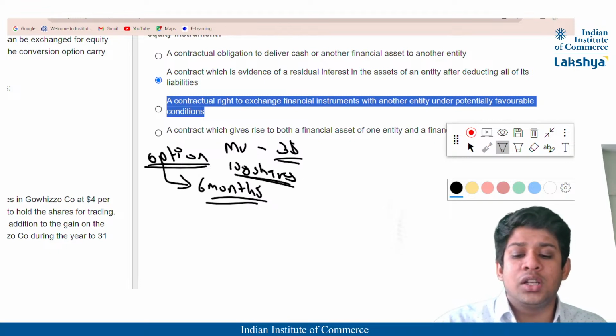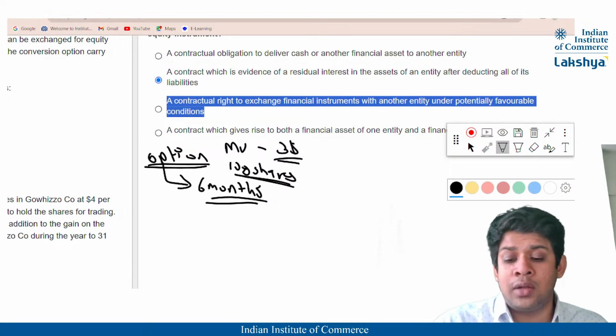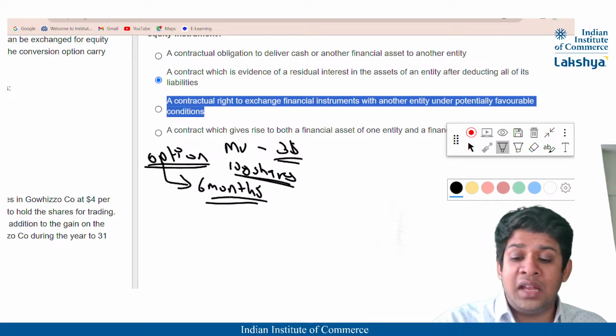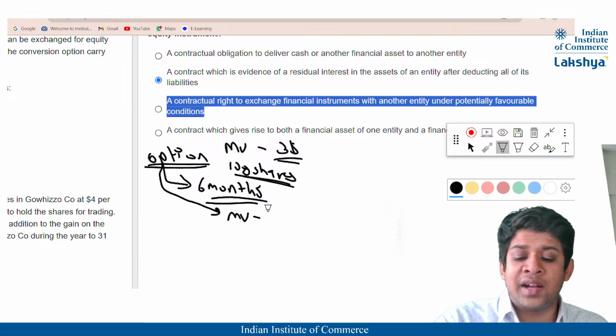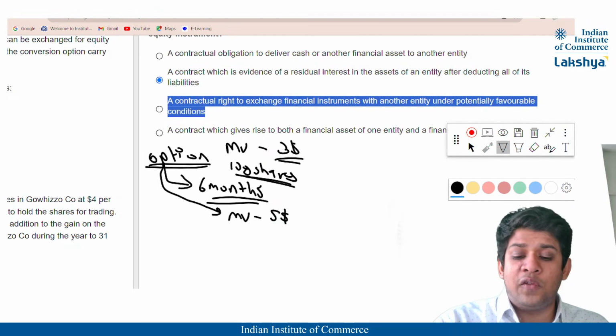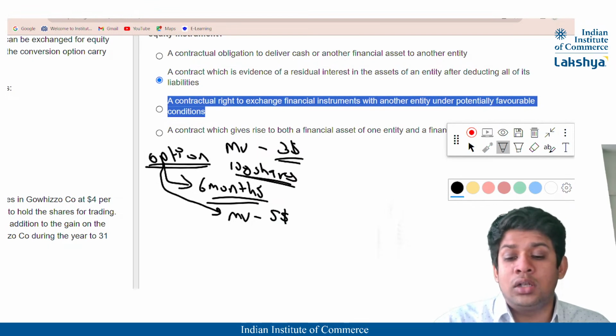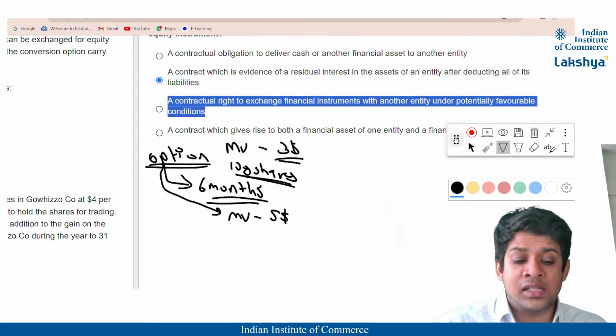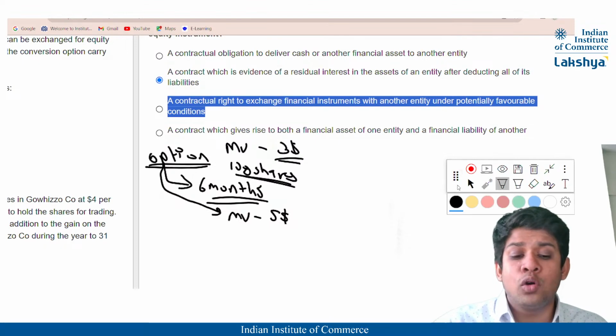It will cost me $3 today. So it is okay, I can pay this price, but I do not have the cash today, right? And I want to purchase after 6 months. But I'm feeling that after 6 months the market value of these shares might rise up to $5. If the market value rises to $5, I'll have to pay more, correct?